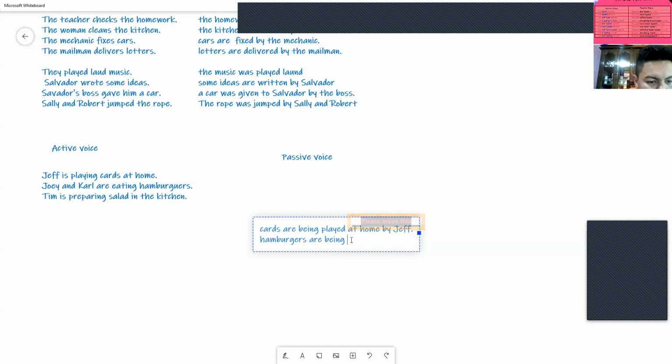Entonces, pues es así, ¿no, profe? Eating. Okay, type it. Write it. Escríbelo. Tecléalo, pues.